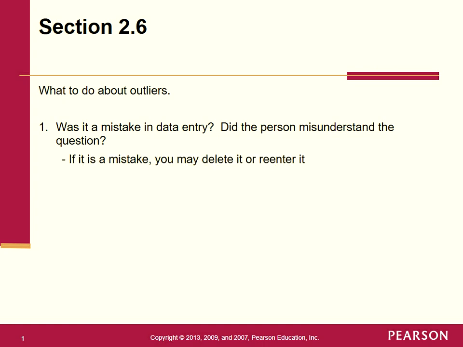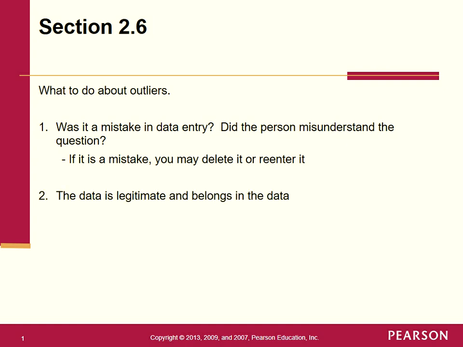If a mistake was made, you can delete it if you can't update the number, or you can go ahead and re-enter it. Obviously, if 27 was put in there but 72 should have been put in there, it was transposed, so go ahead and update it. So outliers might tell you that there's some error in the data.